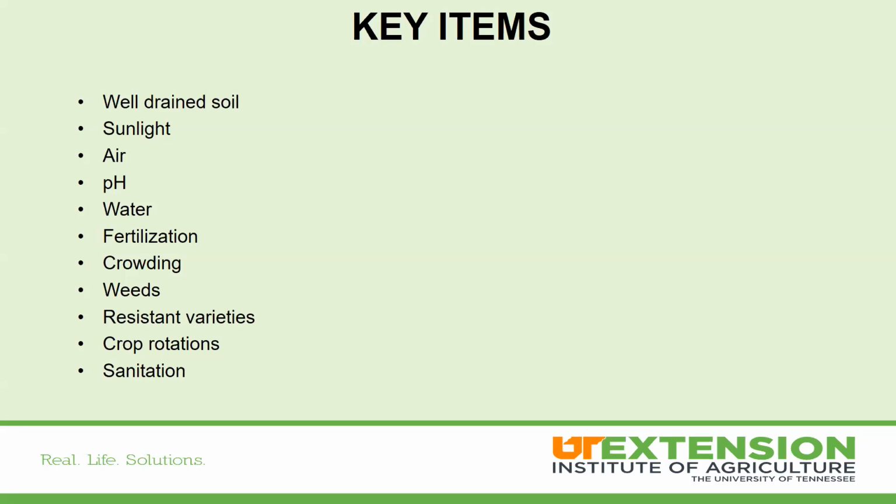Then you also want to have a plan for crop rotation. You don't want to plant the same families in the same area year after year, especially if you have had some disease issues in that planting.